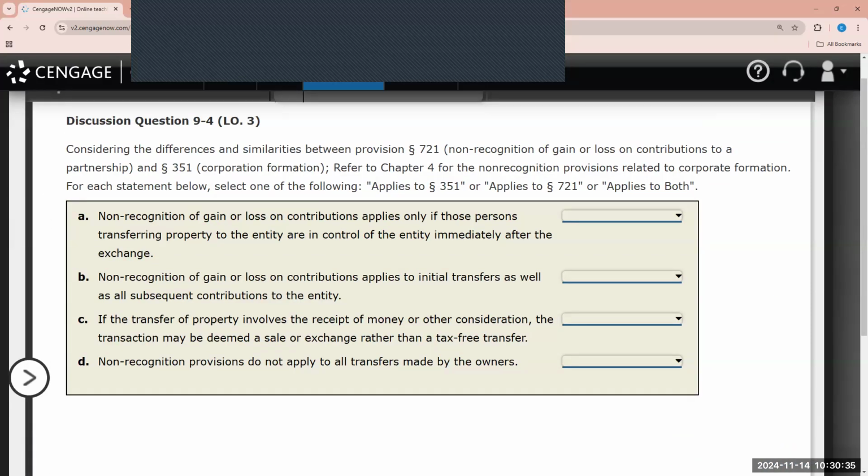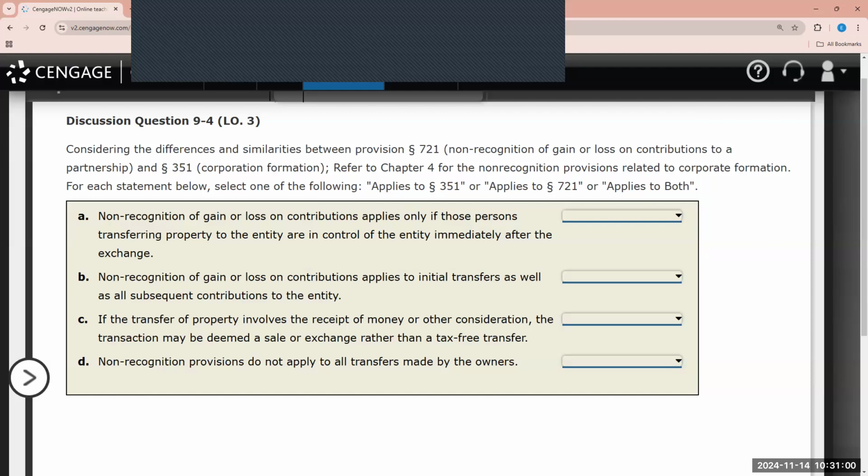With this next question, it says, considering the differences and similarities between provisions, section 721, non-recognition of gain or loss on contributions to a partnership, and section 351, corporate formation, and it's asking us to refer to chapter 4 for the non-recognition provisions related to corporate formation.